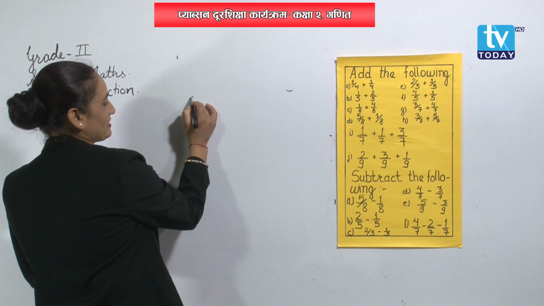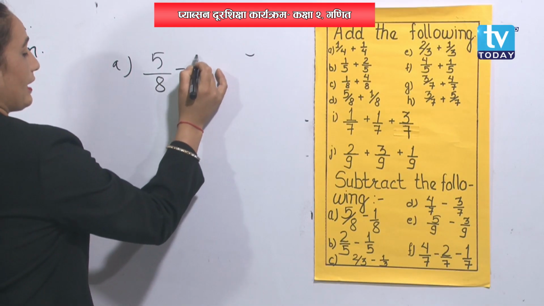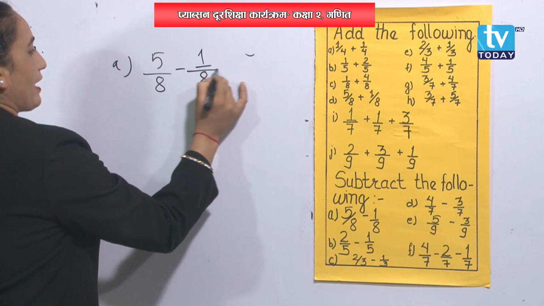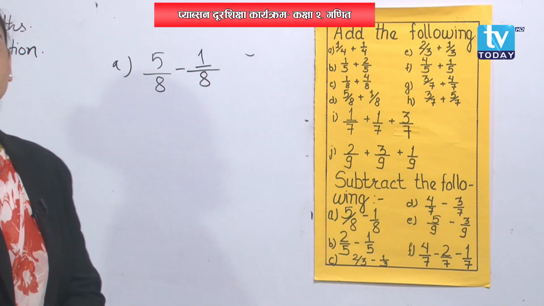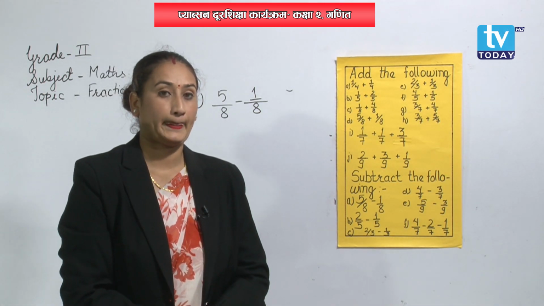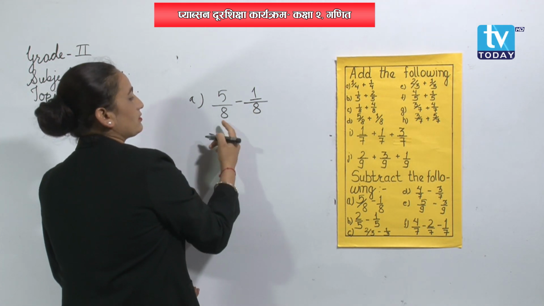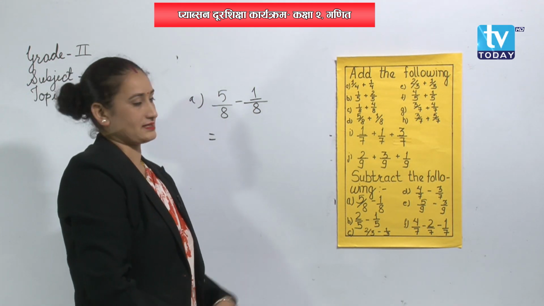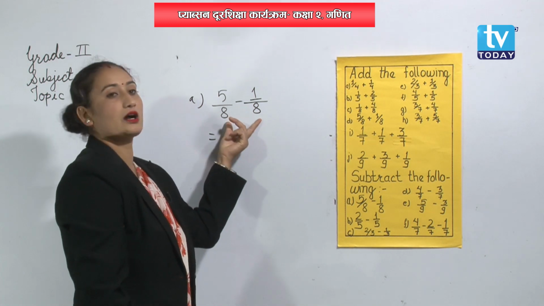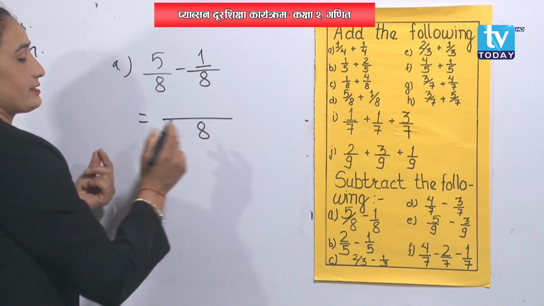See here in the first question. Out of 5/8, I need to subtract the fraction 1/8. Right. So, shall we subtract it? Okay, how to subtract? See here, student. Just like in addition, here also take the common number, that is 8.